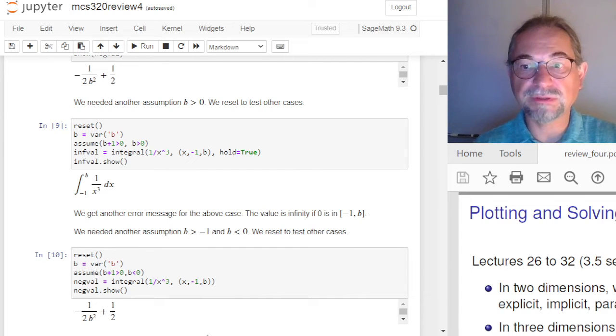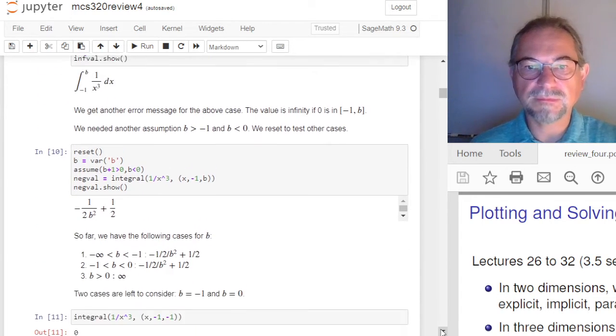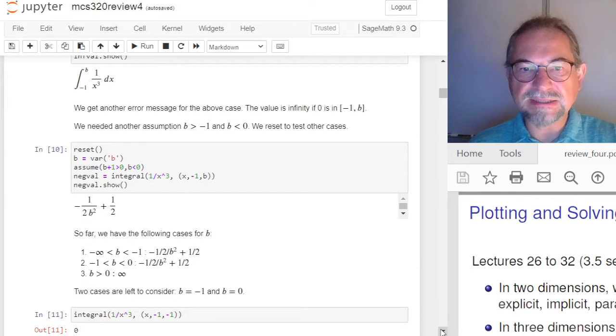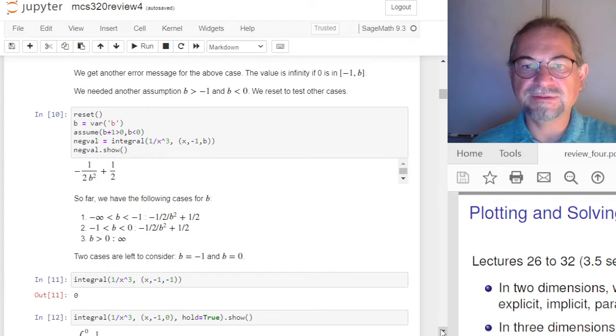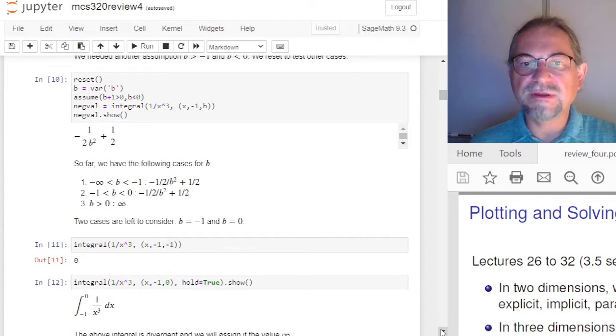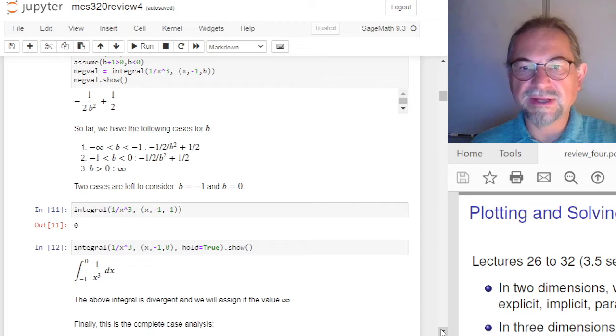Okay, so then we are almost there. So we have the following cases, and then there are three cases we have examined. We have the improper integral when b is positive, and then we have the two cases that actually give us the same value. We do not lump these cases together because they are kind of separated, but this -1 and the 0. So if 0 is in there, we still have a divergent integral.